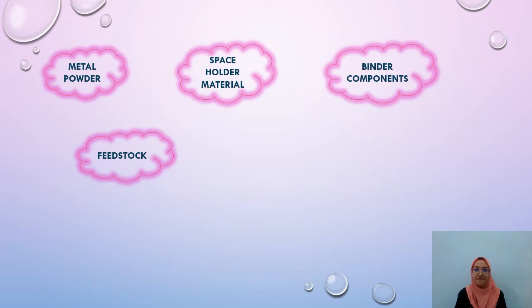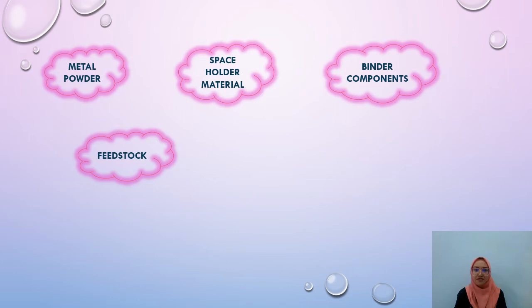Preparation of feedstock. In this research, this feedstock contains the stainless steel 17-4 PH powder, polystyrene and polyethylene as binder, and space holder.